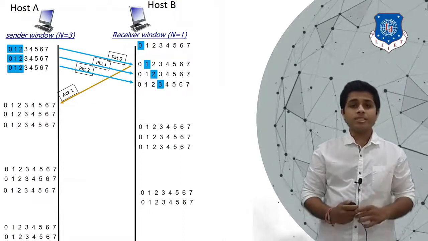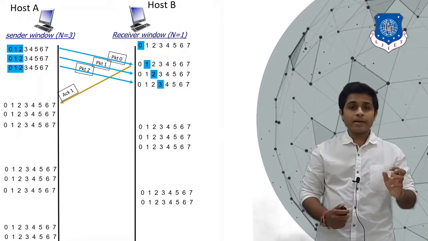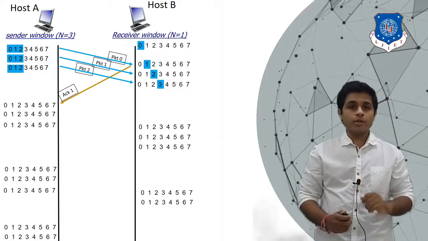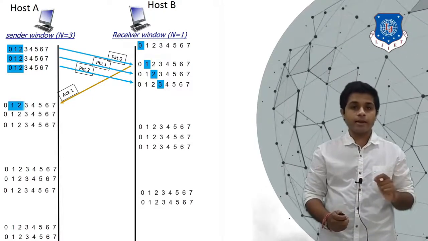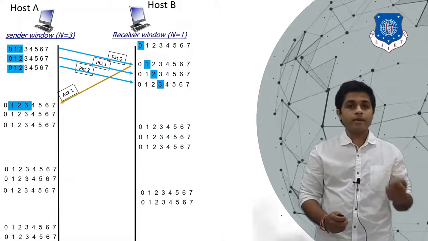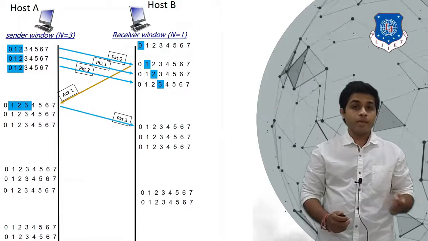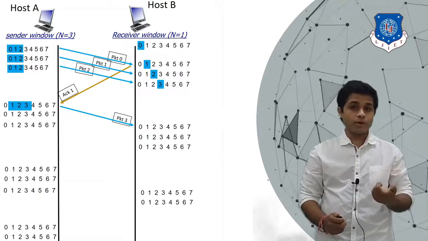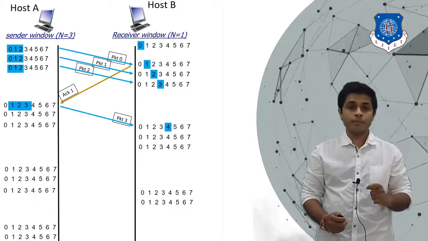Now when A receives the acknowledgement 1, A thinks that okay, the packet 0 is received by the device B successfully, so the window at the sender side will slide and A will send the next packet in the sequence, which is packet 3. Now B has received the packet which it was expecting, so window at the receiver side will also slide. It will be positioned at 4.